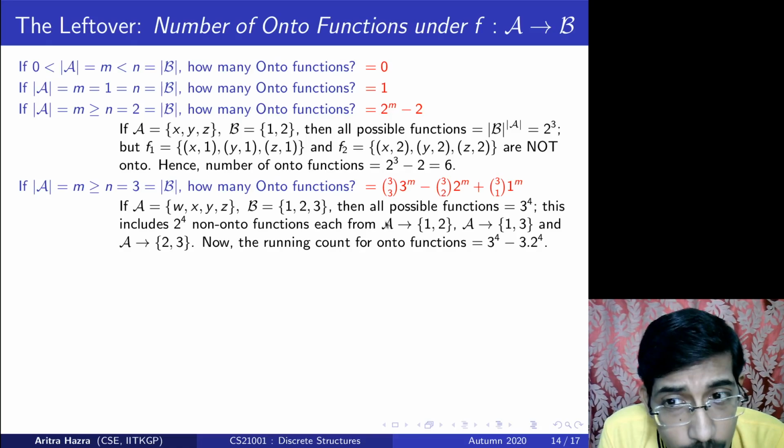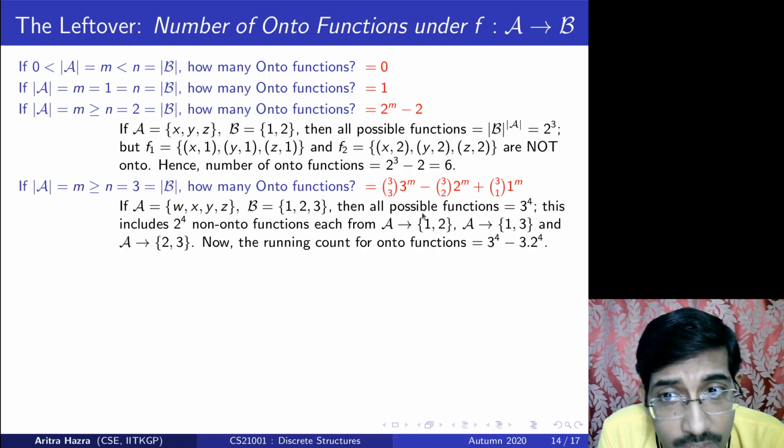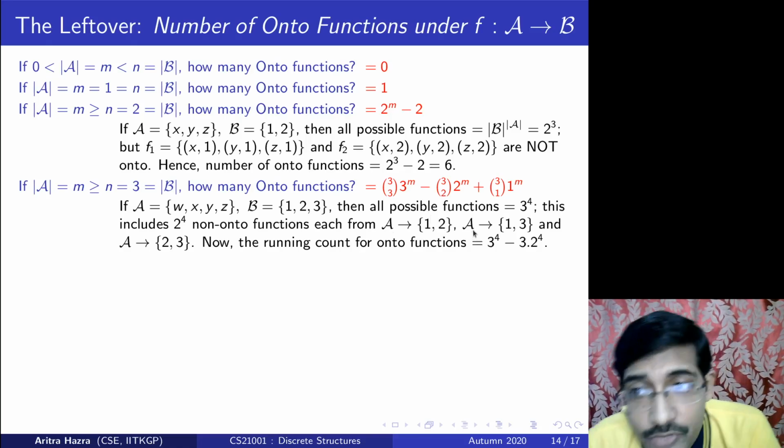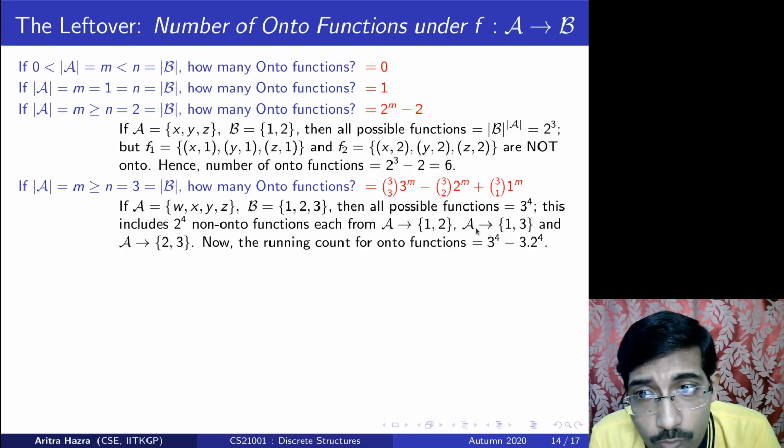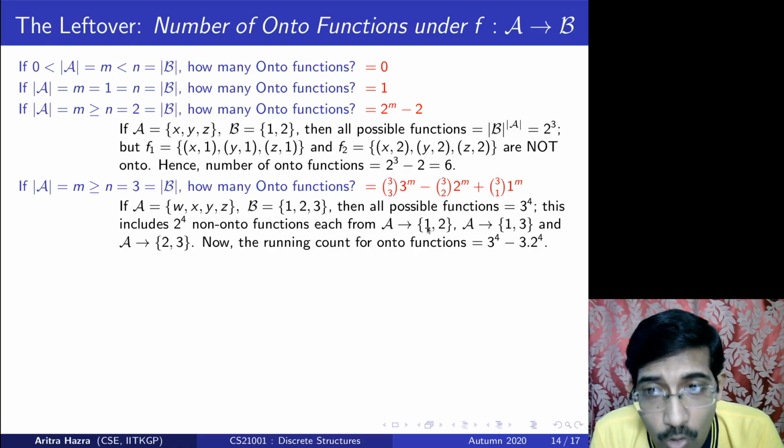So I am removing all functions from A to 1, 2. And the constant function here, W1, X1, the same constant function is also removed when I try to remove this set of functions. So I have removed the constant function to 1 twice.